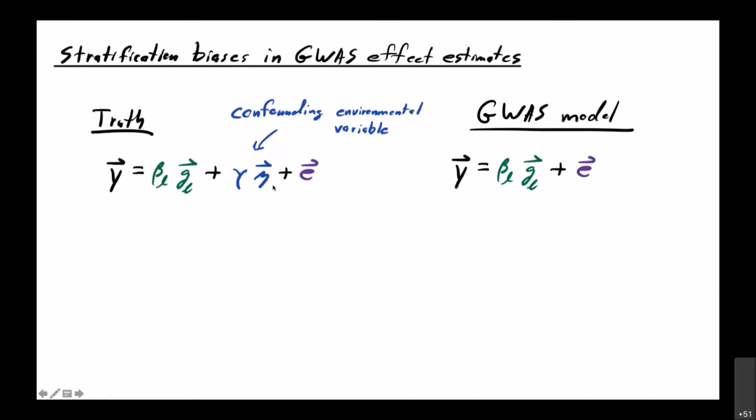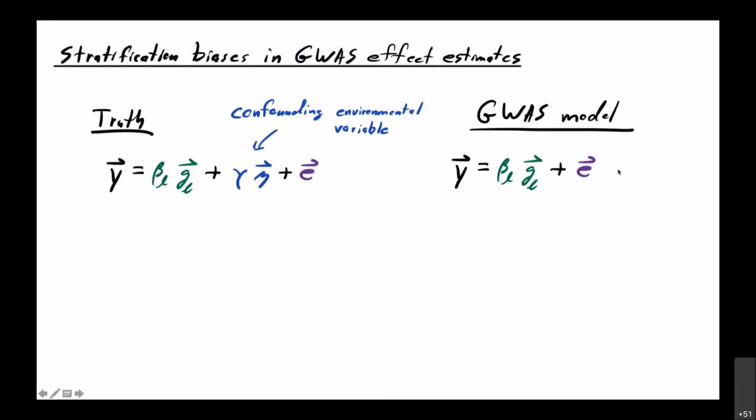To do that, we're going to rely on a simple, perhaps overly simple model where we suppose that our phenotype is generated by some true model, hewing to the standard models of quantitative genetics, where we have the effect of some site on the trait, and we have some confounding environmental variable, and then we have all of the stuff in the background that could be contributions of other sites and other environmental effects that are not systematic across the population, that are random noise.